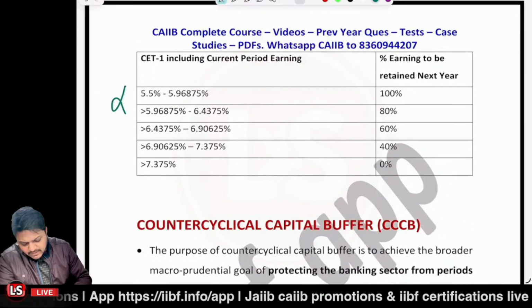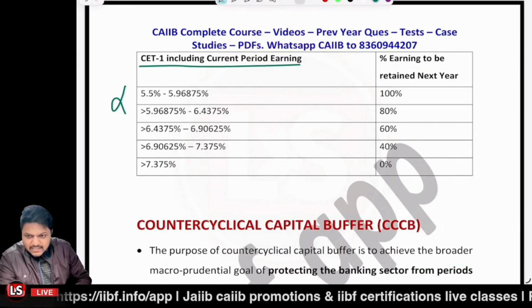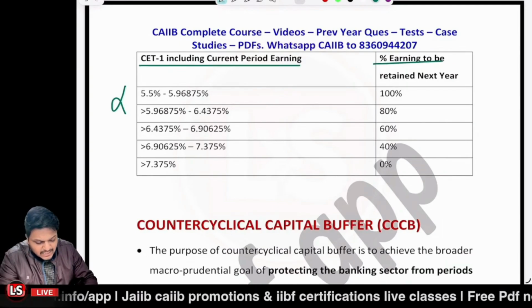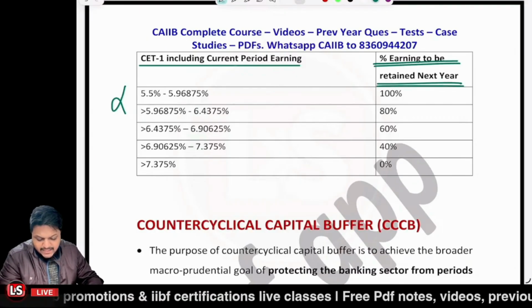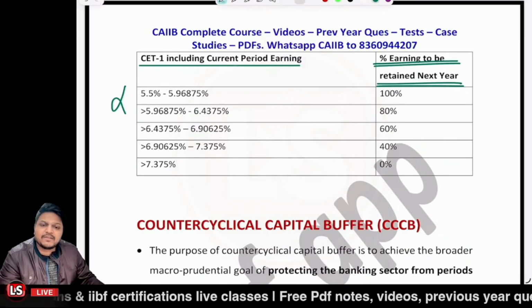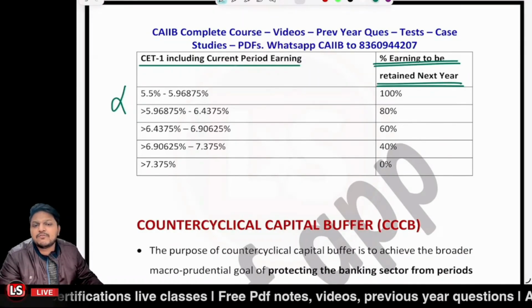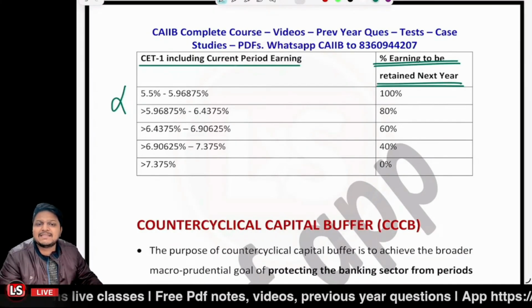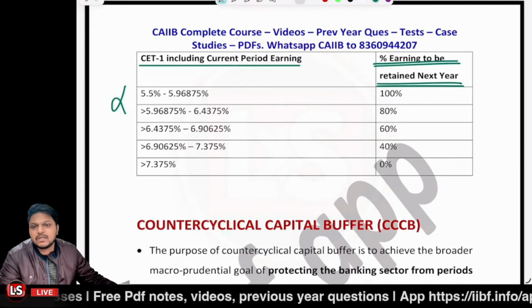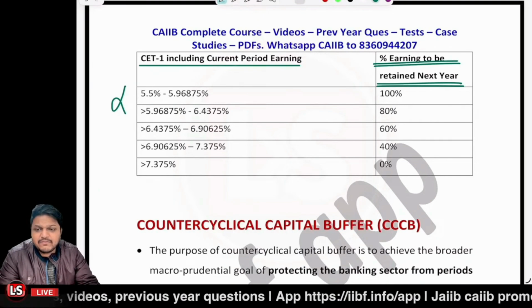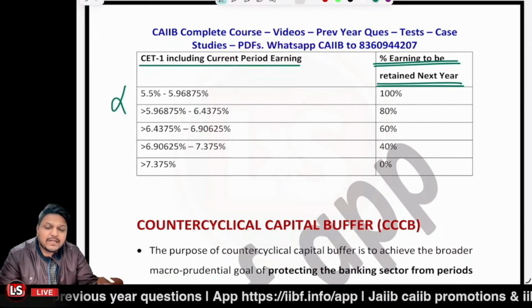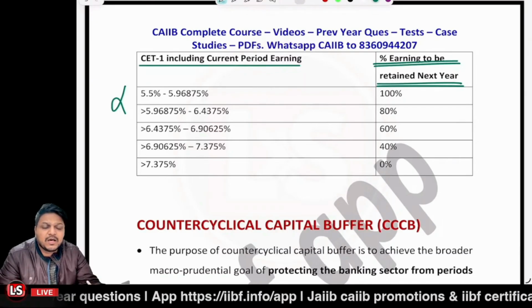Previously, if there is a shortfall in the CET1, then this particular table was applicable. Like in total, if you are having the CET1 ranging from 5.5 to 5.96875, then you are to retain 100% of your earnings next year.